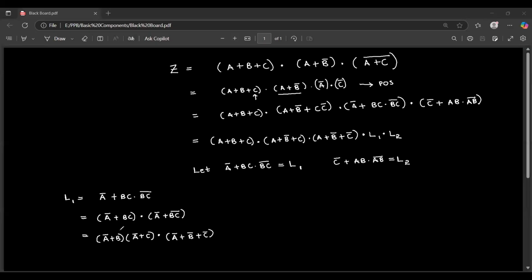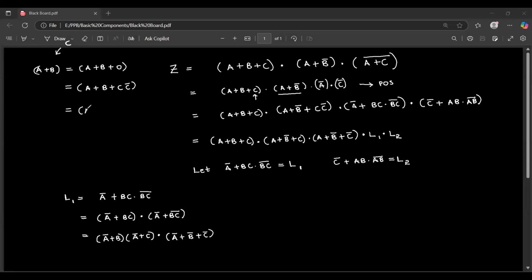Now we have to finalize this. I'm not going to do this again and again, so I will just teach you a shortcut. Let's say we have A plus B into A plus C. We'll talk about A plus B first. If we need to include a new term C, we just add a plus and then add 0, then use the inverse law with C bar.